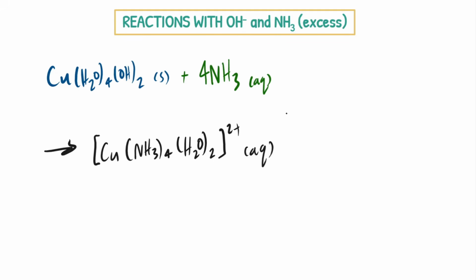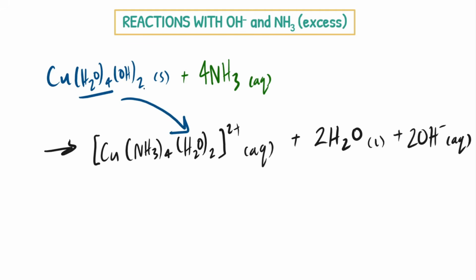This is going to be aqueous. Remember, all complexes are aqueous. We're going to have 2 moles of water, liquid, and 2 moles of hydroxide aqueous. Okay, as we can see here, 2 moles of water were kicked off and we're only left with 2 here. And then these 2 moles of hydroxide were also kicked off and replaced with ammonia.